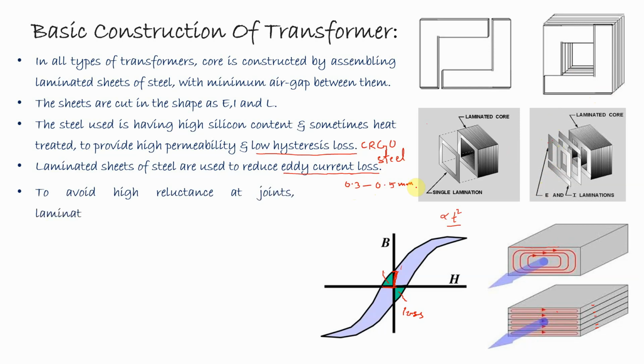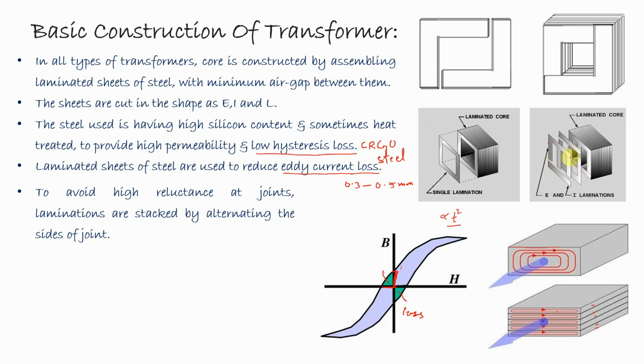Now, to avoid high reluctance at joints, the laminations are stacked by alternating the sides of the joint. That means in this figure you can see that the I-shaped sheet is at the bottom and the E-shaped sheet is on the upper side.